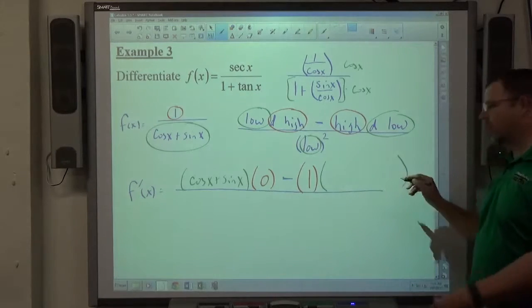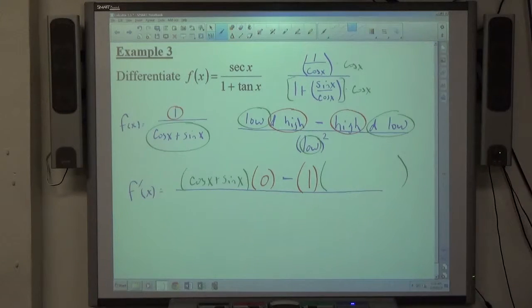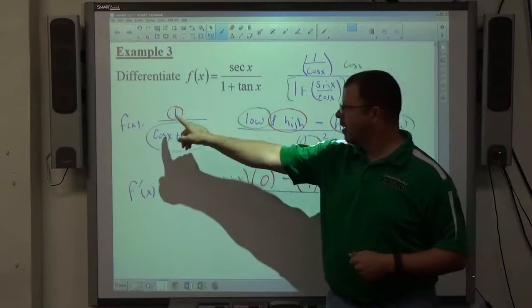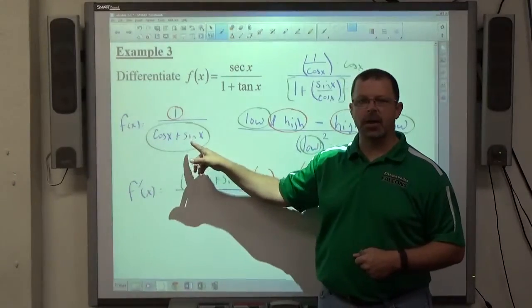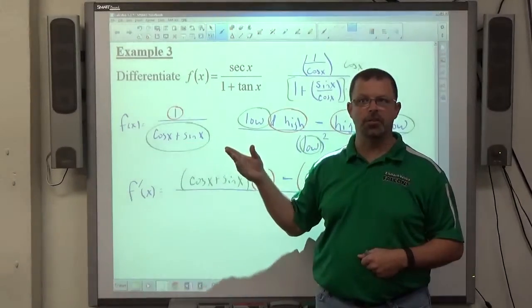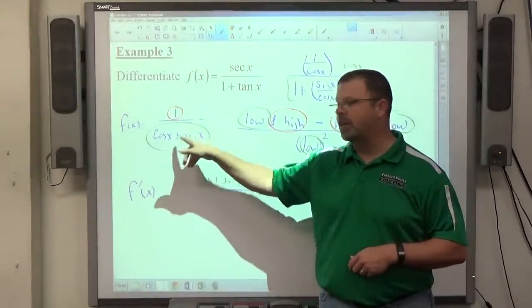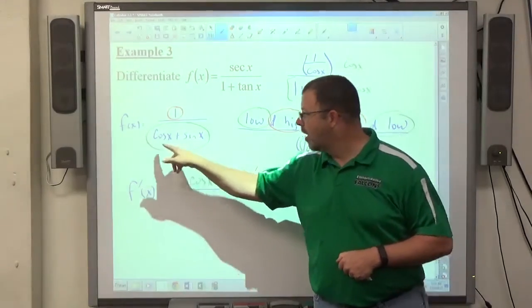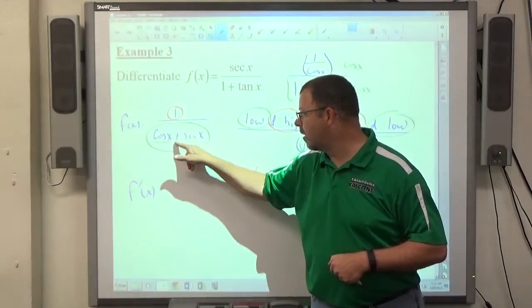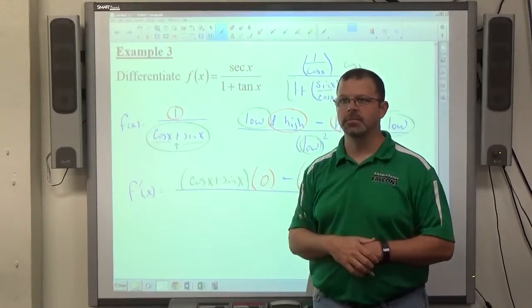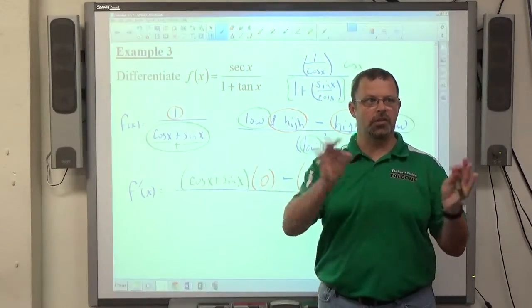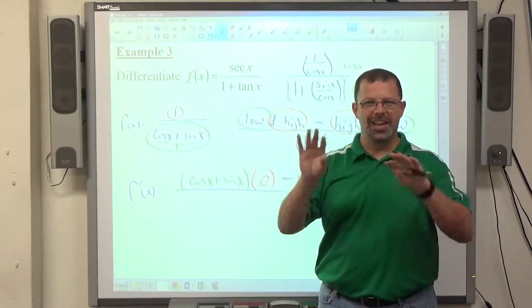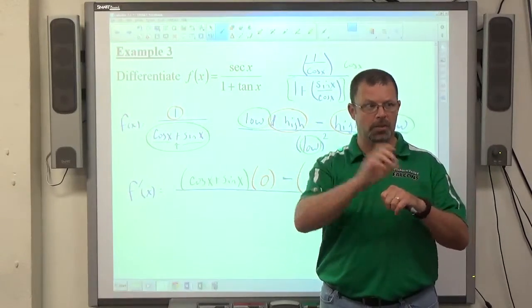Now look at low. We're looking at structure again. It's a cosine function being added to a sine function. So it's a sum of functions. Sum and difference of functions is derivative of each individual object. So I simply have to differentiate this, plus, and then I differentiate that. It's a sum or difference, you differentiate each piece. It's not a product, it's not a quotient. It's a polynomial type structure with trig pieces in it.